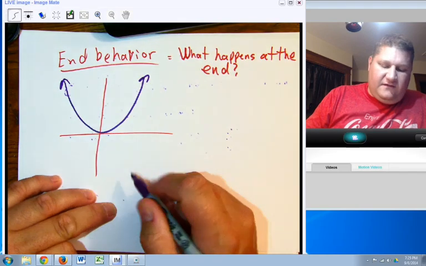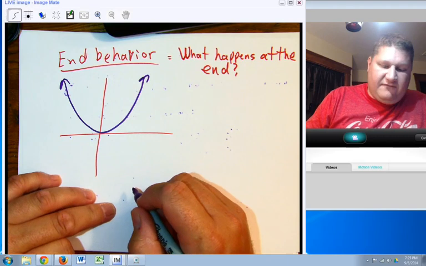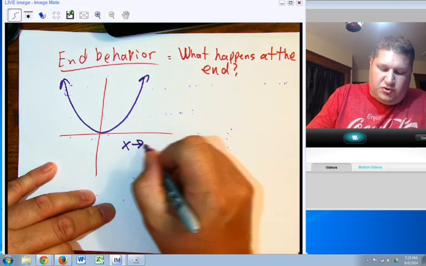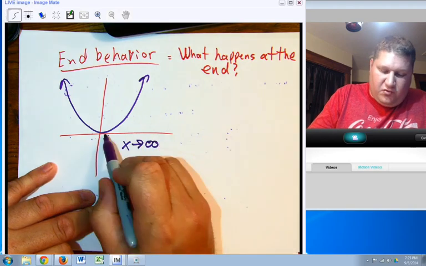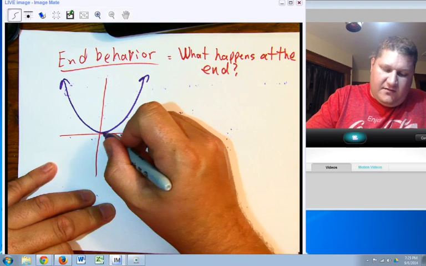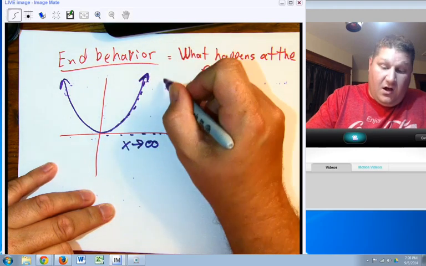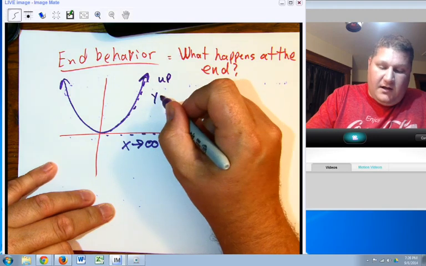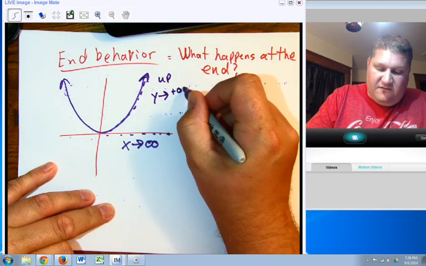In this case, I would hope that everybody would agree that as x goes towards positive infinity, moving this way, that y, the graph, is going up. That means that y goes to positive infinity.